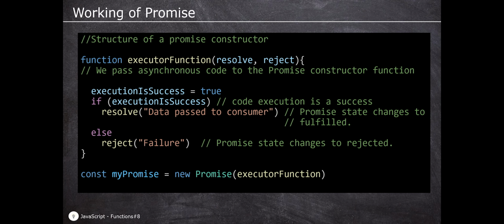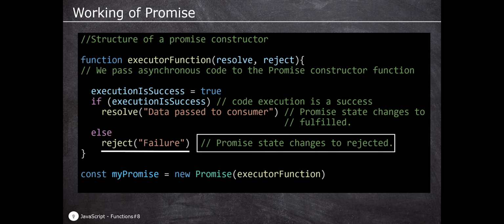The resolve function is called with the value, which is the data passed to the code waiting for the completion of the asynchronous code. When resolve is called, the state of the promise changes from pending to fulfilled. The reject function is called with an error which the error handling mechanism manages. And when reject is called, the state of a promise changes from pending to rejected.